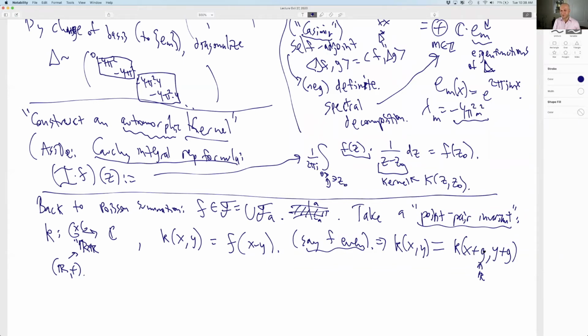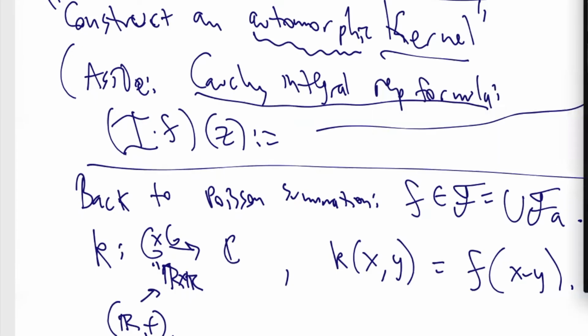Usually you would write a group operation as multiplication, and maybe you want the action on the left or on the right, but here it's abelian, so I'll write it as addition. Usually you will see point pair invariants as things that satisfy something like this. Our operation in this case is addition. When you see this in the real world, people are applying it to groups that act by multiplication, and they're not abelian, so you have to be more careful.